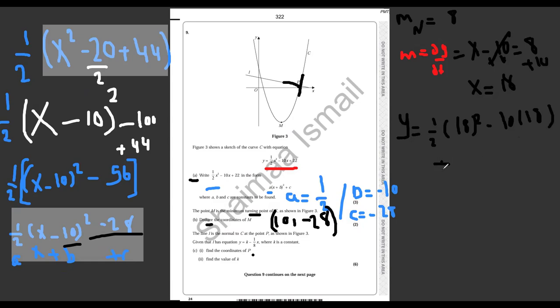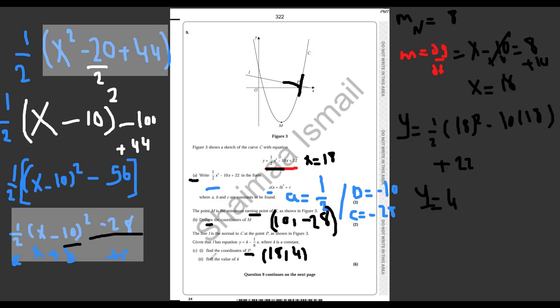We just substitute x with 18 in the original curve equation to get the y value, because you need a coordinate, which equals y equal to 4. So the coordinate here will be 18 and 4.